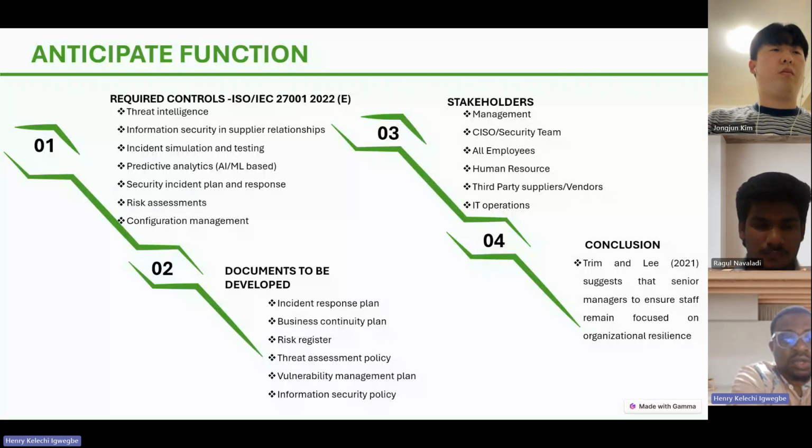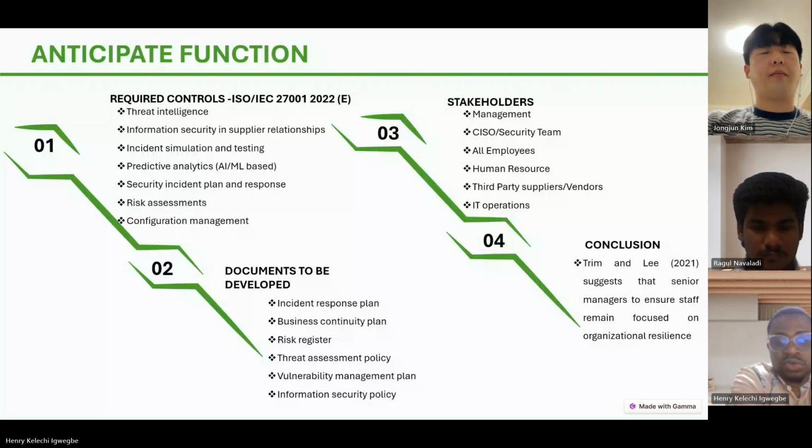All employees are responsible for the anticipate function, human resources to train staff, third-party suppliers and vendors to ensure compliance with UniNet's security protocols, and the IT operations to enforce and ensure that systems are secure, such as patch management and IT security issue resolutions.